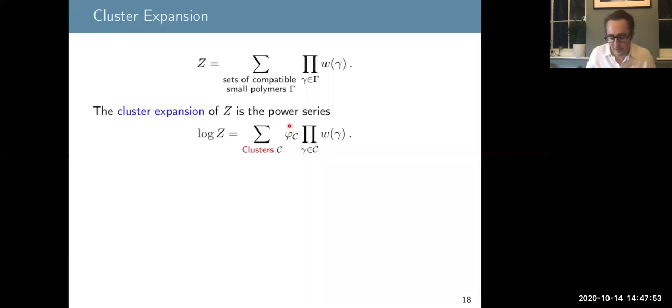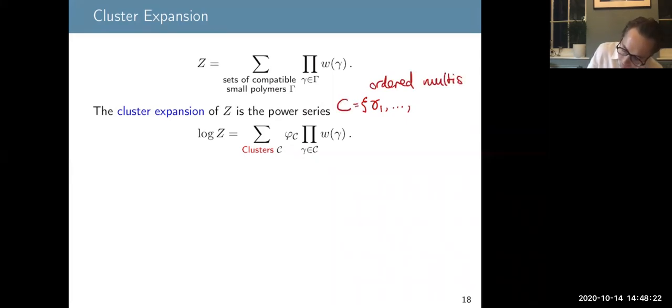And the other less crucial difference is that there's this real number here. This is the cell function of the cluster. I won't define that, but it's just some real number that you associate to the structure of this cluster. But the important thing is, what is a cluster? Let's understand that. So a cluster is just a multiset. Actually, it's an ordered multiset of polymers.